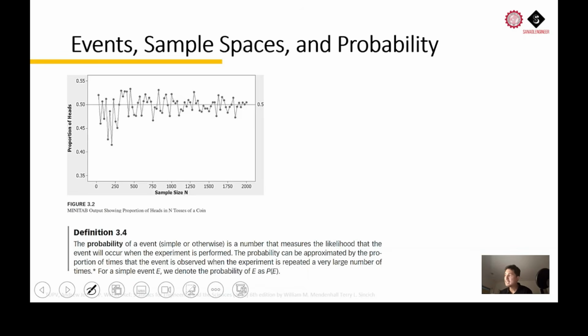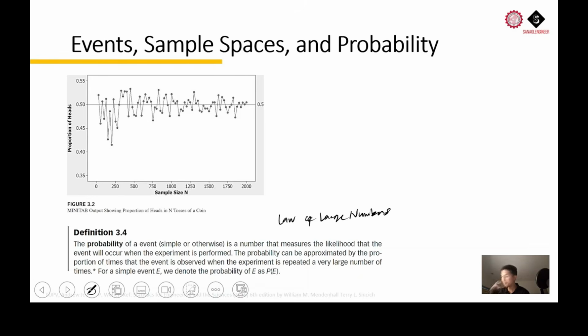What we mean is that if you do it long enough, if you do it infinitely, the experimental value, or the observed value of the probability, will approach the theoretical value of that probability. And that is related to the law of large numbers.